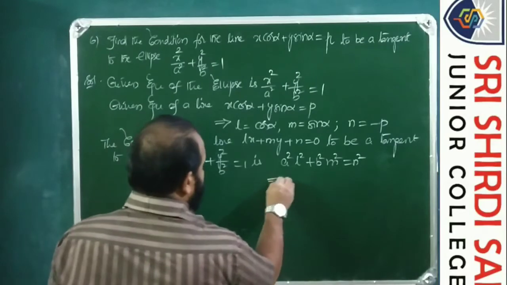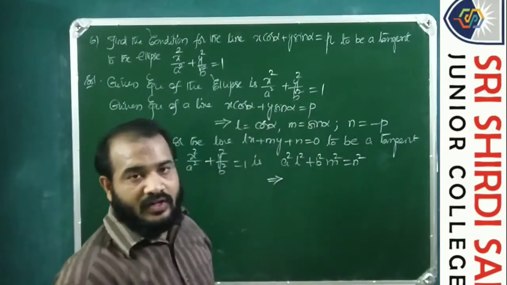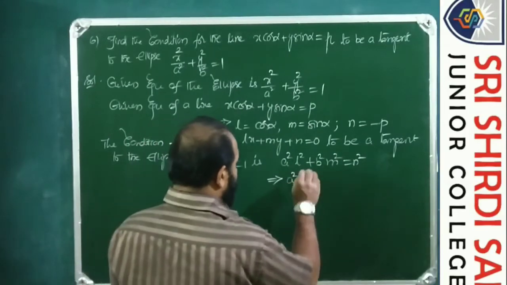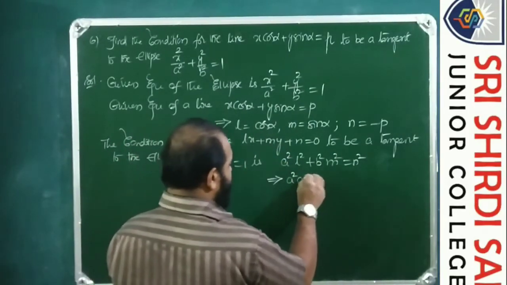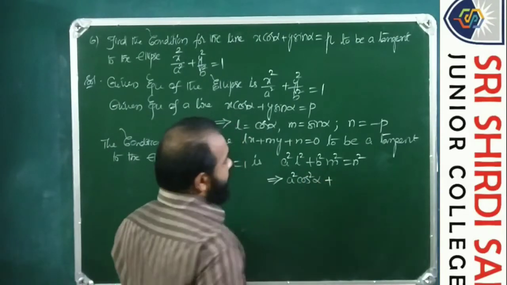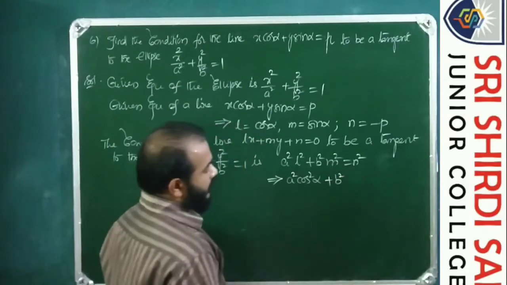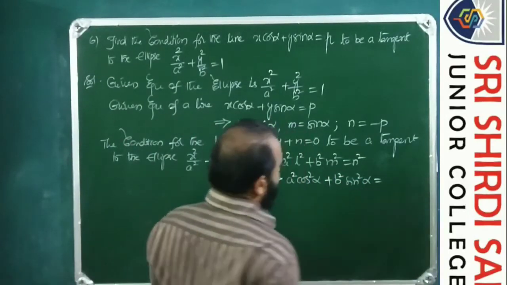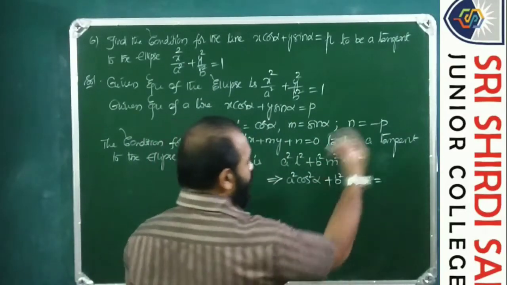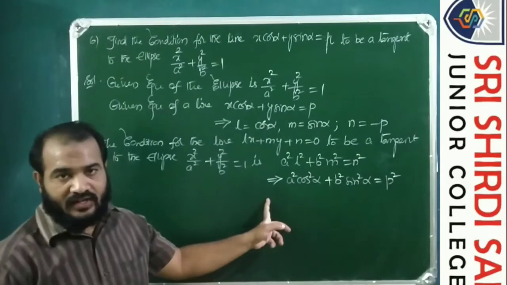So a square and b square are same because this is the standard form of the ellipse. So a square into L, which is cos alpha whole square, cos square alpha, plus b square is b square itself, and m square is sin square alpha, is equals to n value minus p with whole square, which is p square. Therefore this is the required condition.